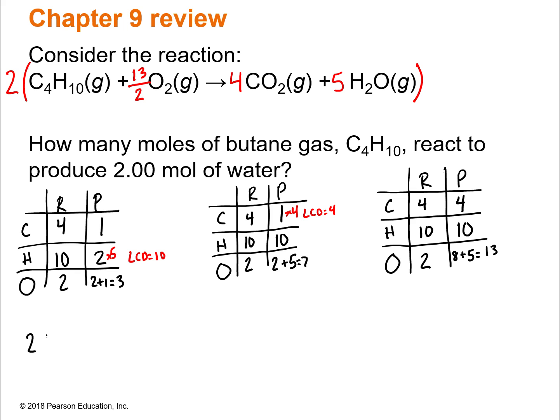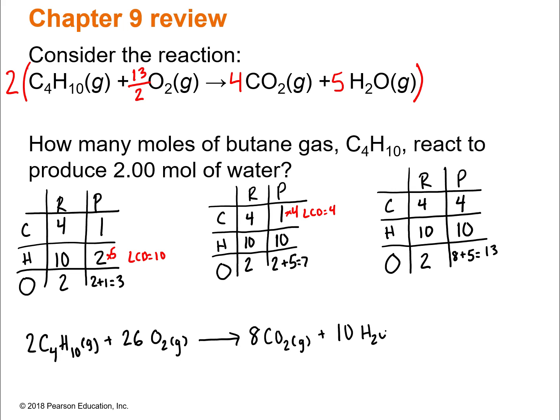So your final answer, and this is just for balancing, that's your final answer. And you can do a chart to show that that's what the answer is for the balancing. And I'll throw that up here real quick.